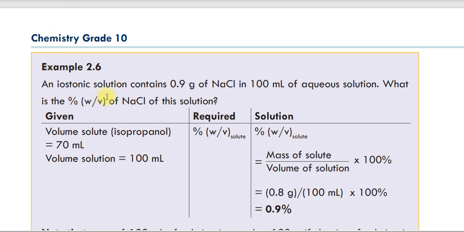Again, another example. An isotonic solution contains 0.9 gram of sodium chloride in 100 milliliter of aqueous solution.